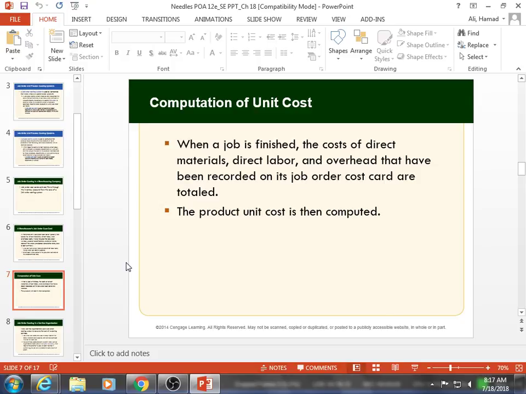Like we said, if you build a house, you divide the house into different projects. For example, the base first, and then the skeleton, then the roof. So they are different jobs. Each stage has labor, material, and overhead, and you prepare a job card for each stage.